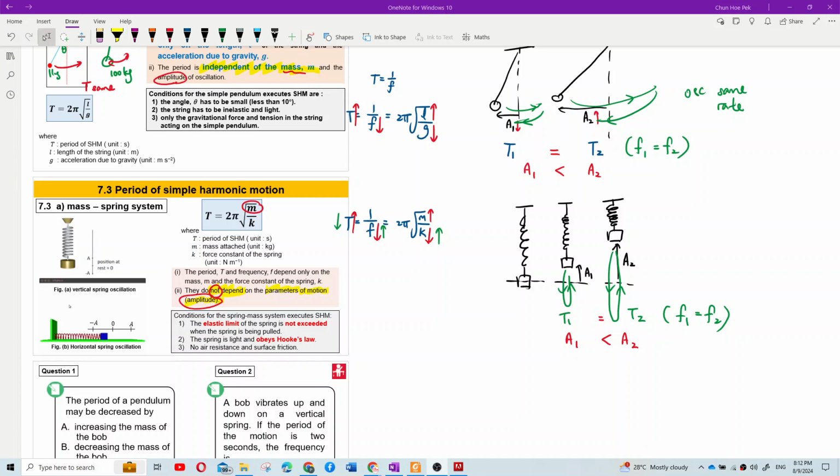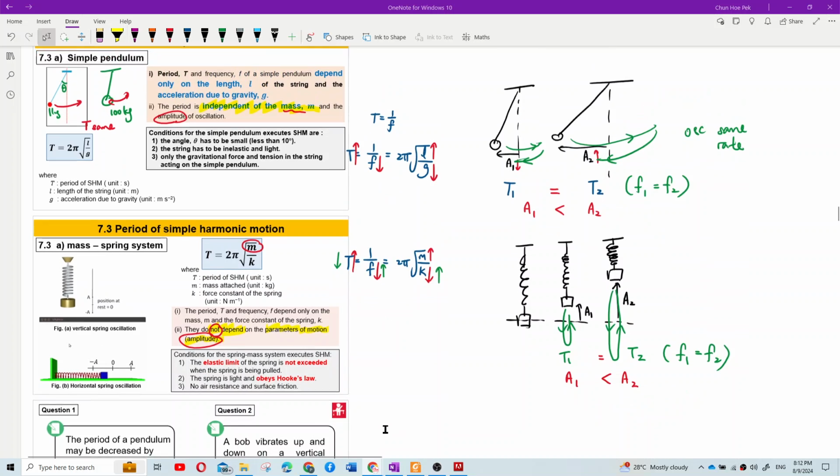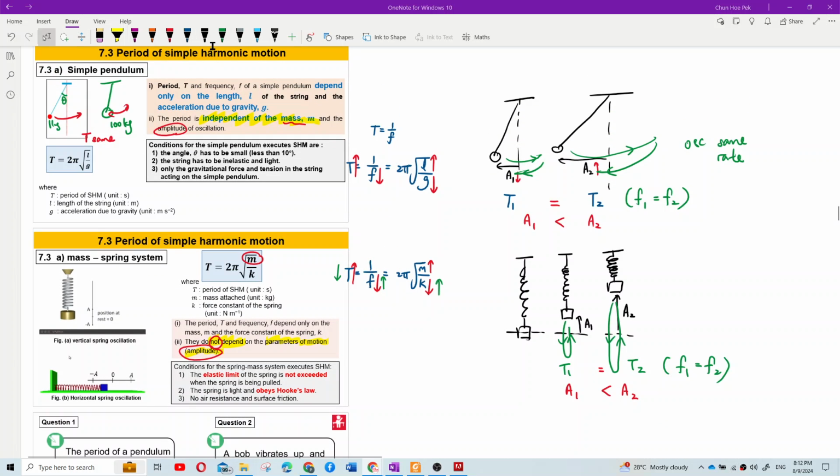Good. So independent of amplitude, but in terms of total energy, of course the total energy is bigger when the amplitude is bigger, because the total energy formula depends on half m omega squared amplitude squared, isn't it?